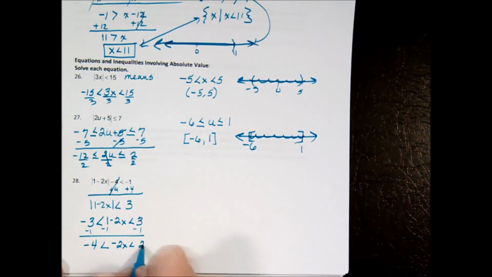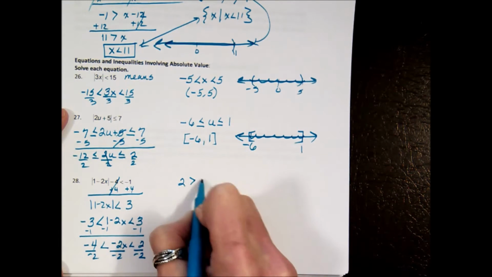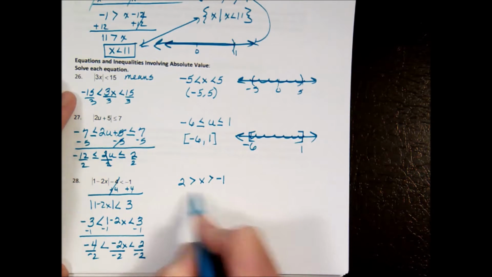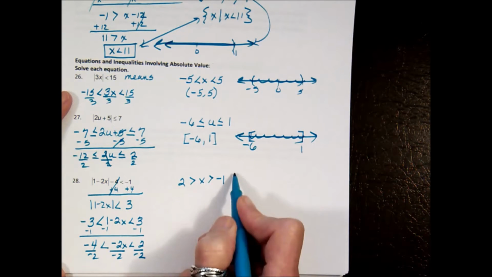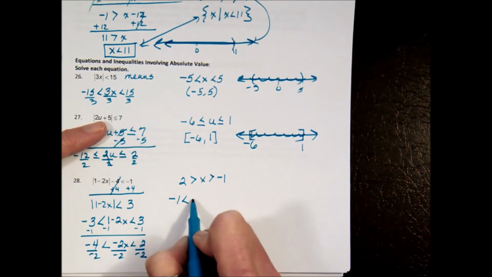We divide by negative 2, and we know dividing by a negative causes the sign to flip. So this is a positive 2, flip the sign, positive x, flip the sign, negative 1, and now the whole thing is backwards. So I have to rewrite it the other direction. So negative 1, change it back to the sign, x, change it back, and 2.